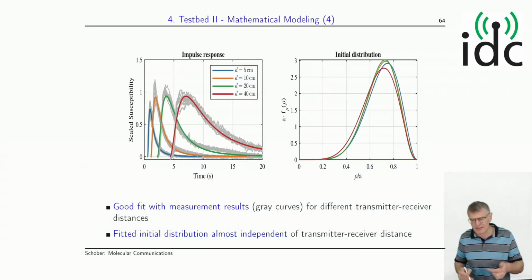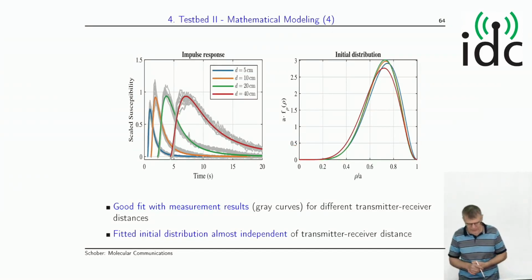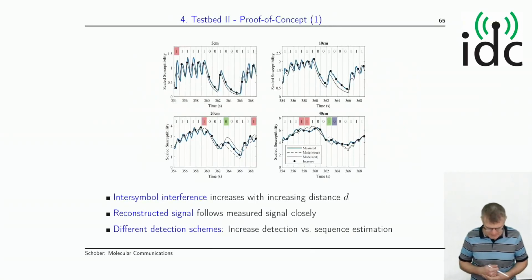It does not tell us where exactly we are with the particles, whether we already passed the center or have not reached it yet. It would be desirable to have a faster decay of these impulse responses, so it might be good to look for injection mechanisms that have more particles at the center as opposed to the boundary. Nevertheless, it is a good fit with the measurement results.